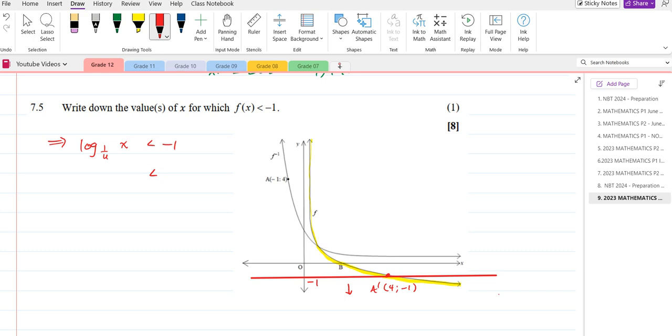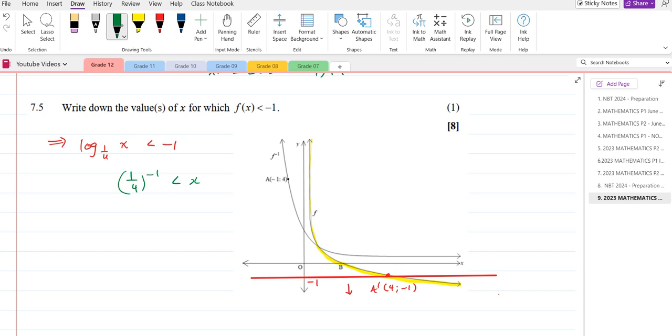Quarter to the power x is less than quarter, should we say less than, if you're switching this around, this should be quarter to the power -1 is less than x.